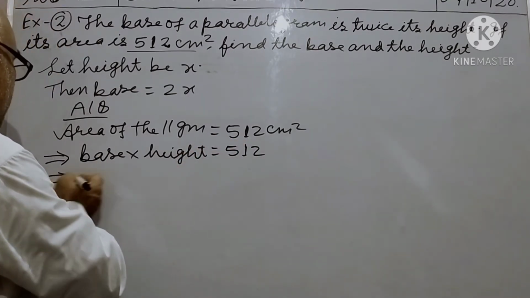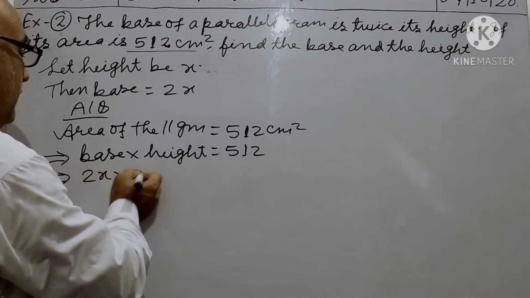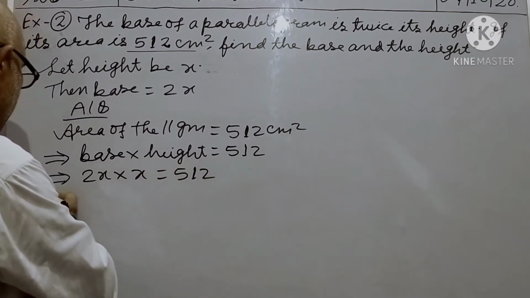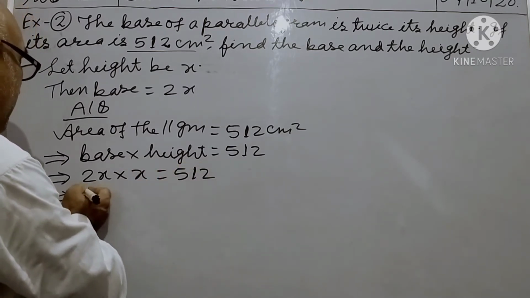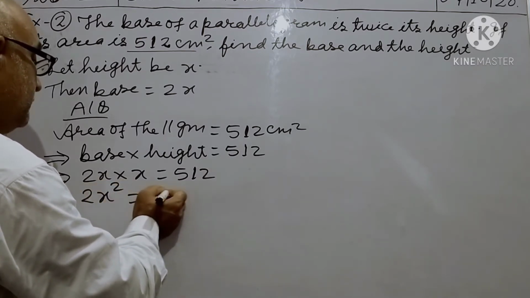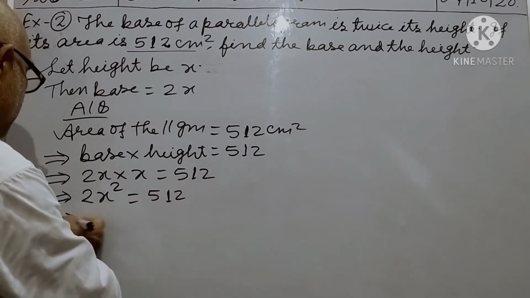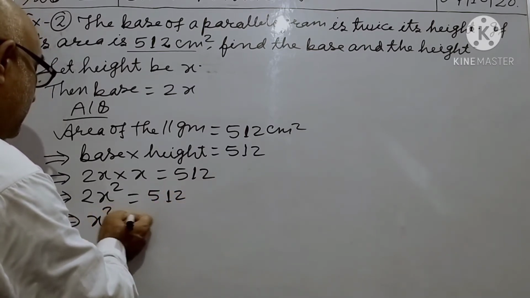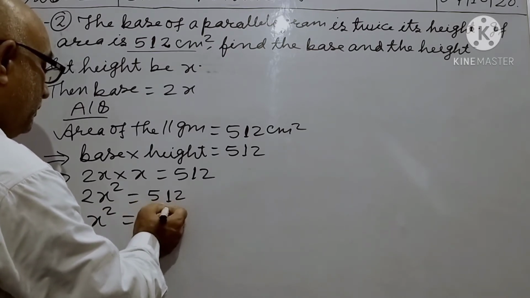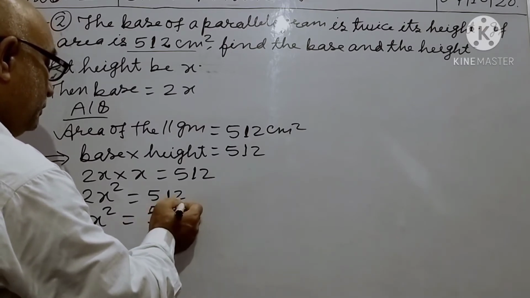Base is 2x, height is x, so 2x square equal to 512. x square equal to 512 by 2. So divide it.